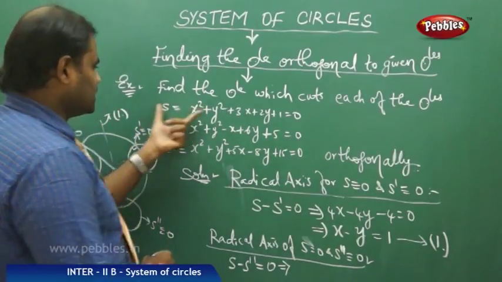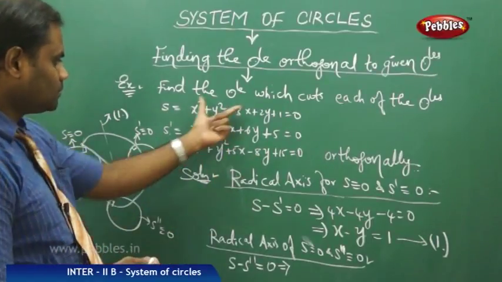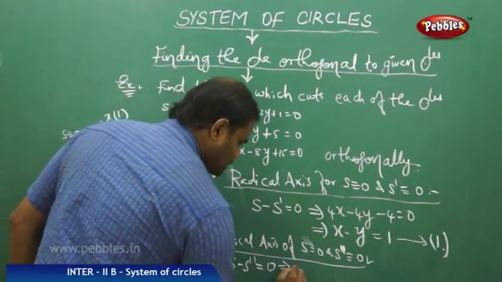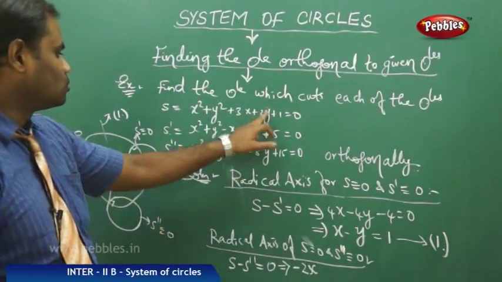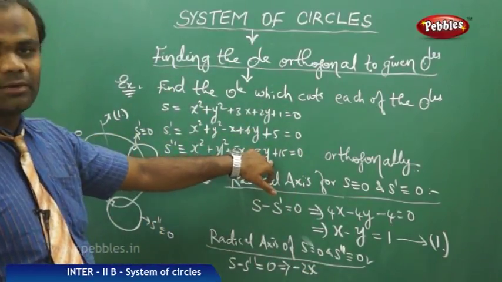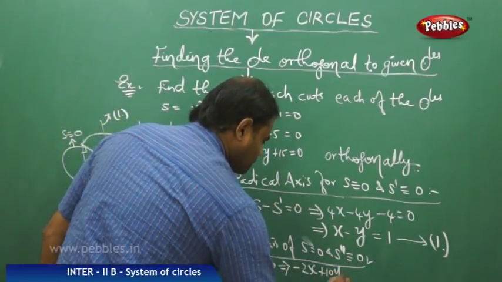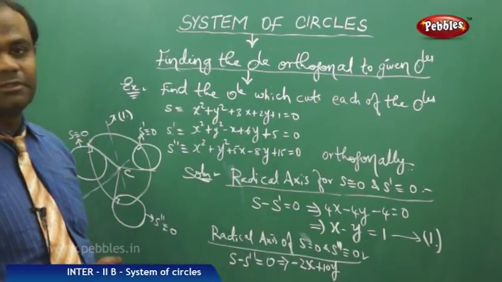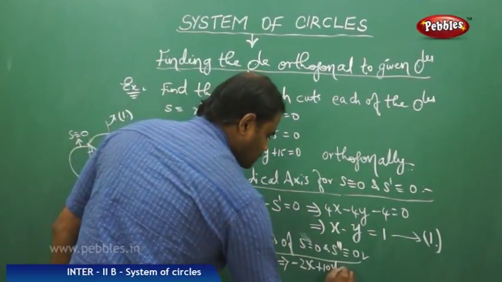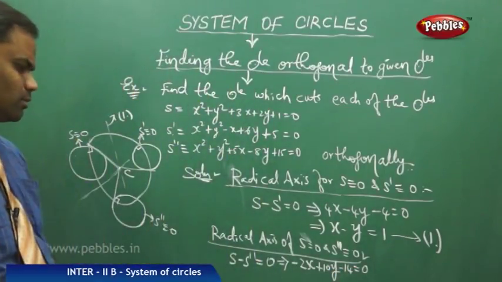So as we know that S is here and S double dash is here, when I subtract, 3x minus 5x gives me minus 2x, and 2y minus of minus 8y, which is plus 8y, gives me 10y, that is 1 minus 15, which gives me minus 14 equals 0. Now this is equation 2.